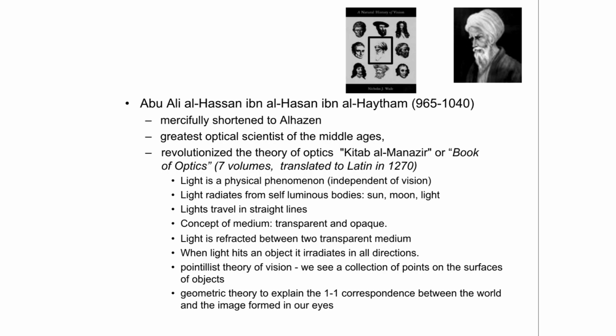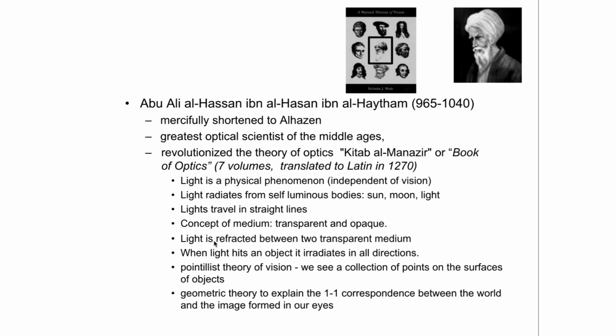So he defined the medium of objects in a computer vision system as transparent, which allows refraction, and opaque, which is more of an entity or an agent for reflection. He says light is refracted between two transparent mediums, the first type of medium.